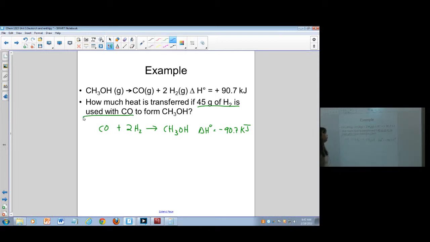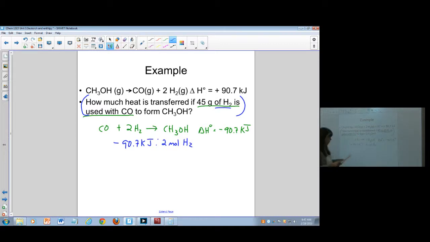So you've got to be watching out for reading the question, because the question asks you about the opposite reaction. All right, so again, we've got hydrogen, and so our mole to heat ratio here is minus 90.7 kilojoules for every 2 moles of H2.